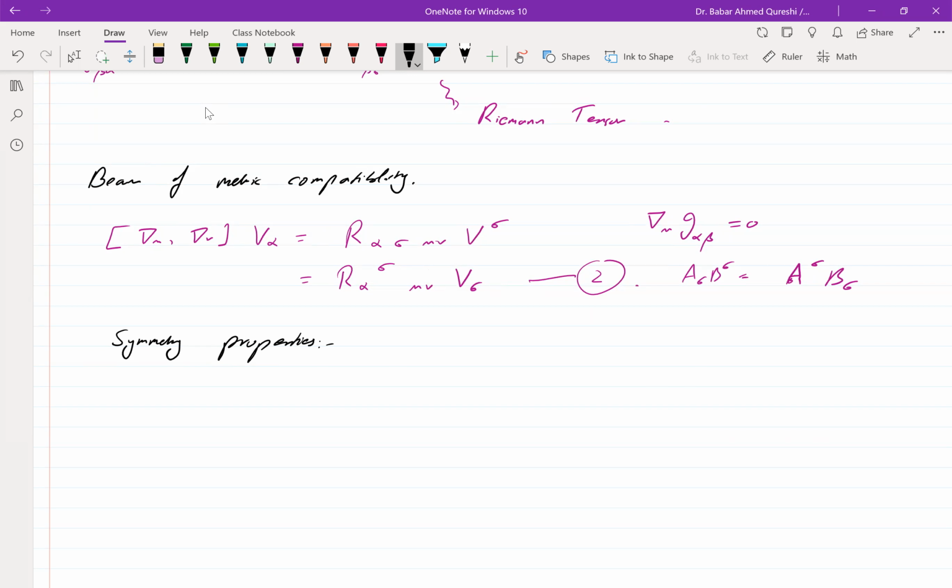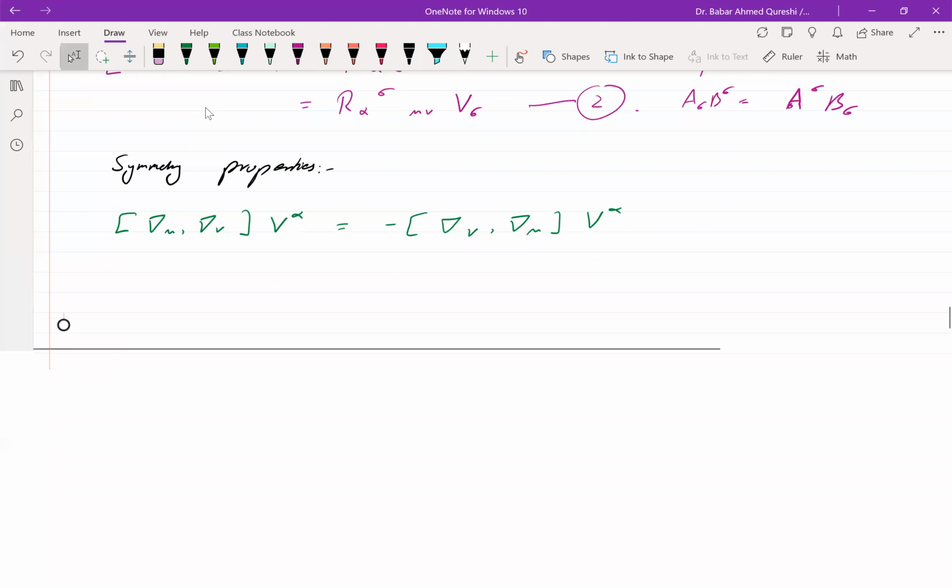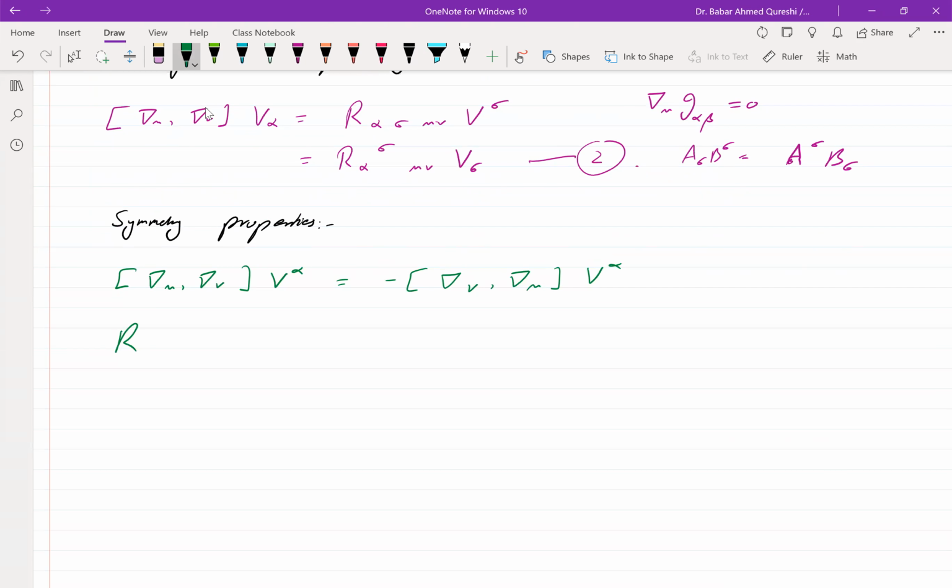So the first thing which you can notice, since it's defined through a commutator, and commutators, we know by definition, are antisymmetric. So this gives me R^α_{σμν} V^σ is equal to minus R^α_{σνμ} V^σ.